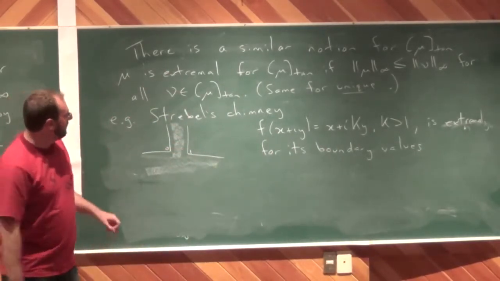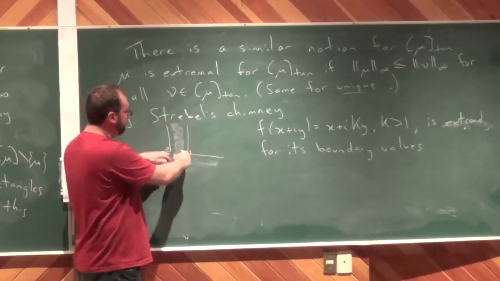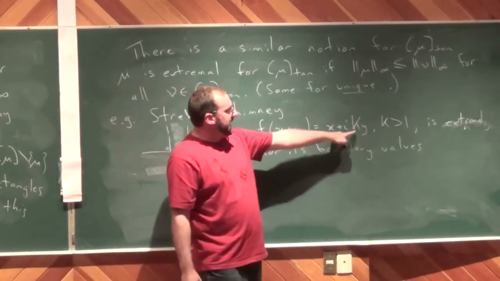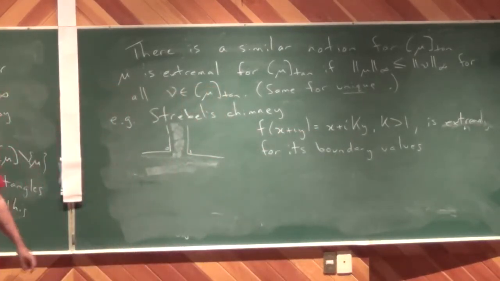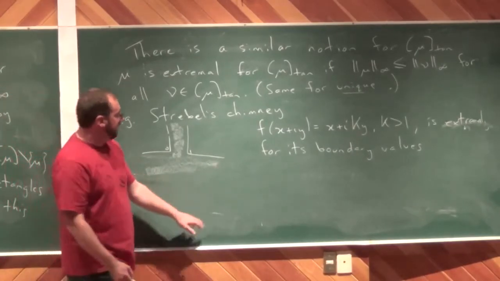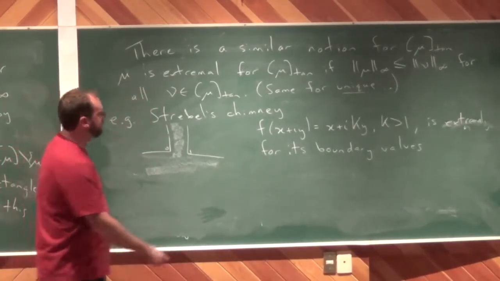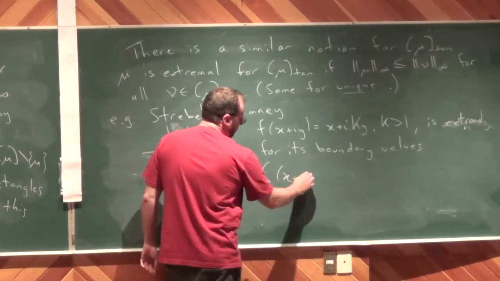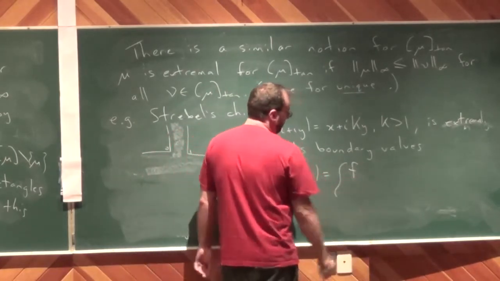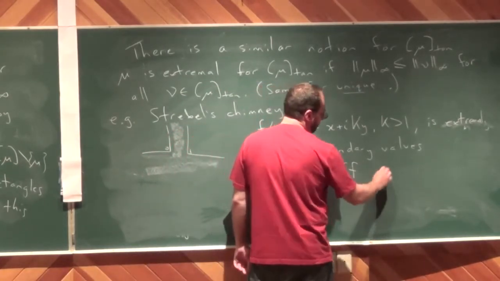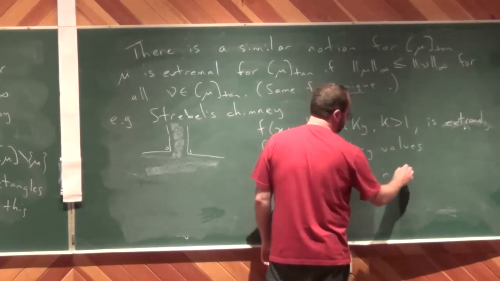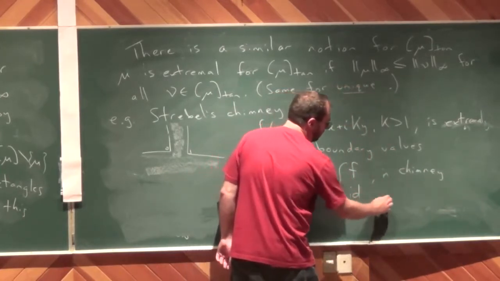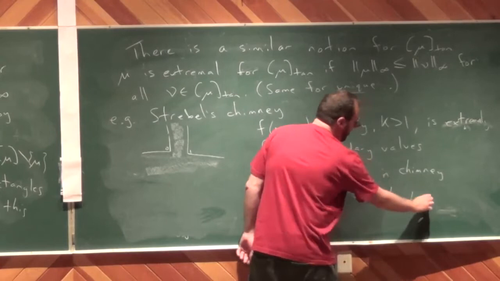And he showed that if you start with any other quasi-conformal map which agrees with f on the boundary of the chimney here, its distortion is going to be at least k. But okay, you can replace f with something which also has the same distortion. Let's call it f0, which agrees with f in the chimney, and is the identity elsewhere.